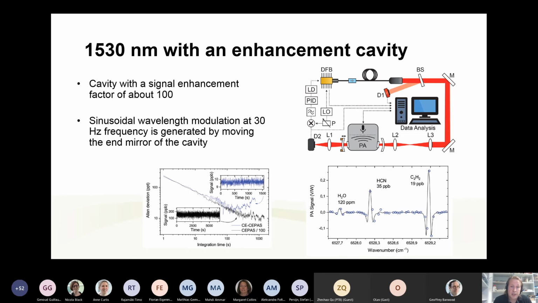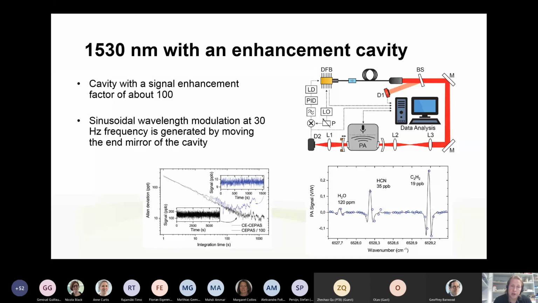And in this very work, a cavity enhancement or a signal enhancement of about 100 was achieved, which is quite moderate. Another possibility would have been to build an external or internal multipass configuration, but the diameter of the standard photoacoustic cell is 4 millimeters and the length is 90 millimeters.